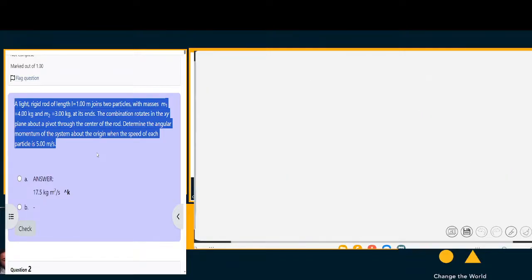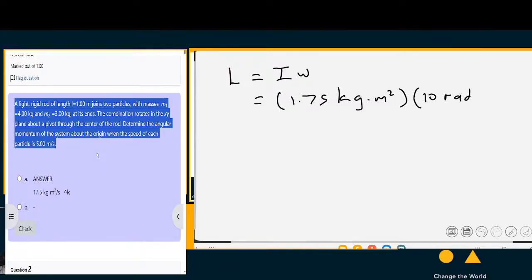Remember earlier I told you that we could also calculate angular momentum as the moment of inertia multiplied by the angular speed. We already calculated both. The moment of inertia we just calculated is 1.75 kilogram meter squared, and the angular speed earlier on was 10 radians per second.